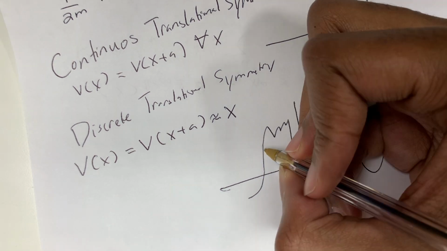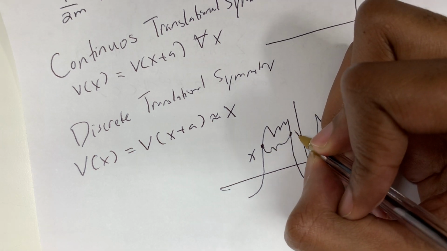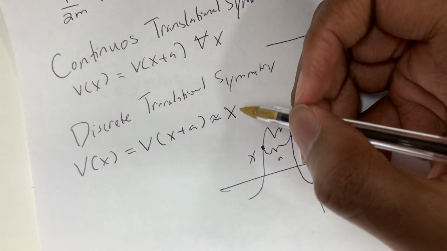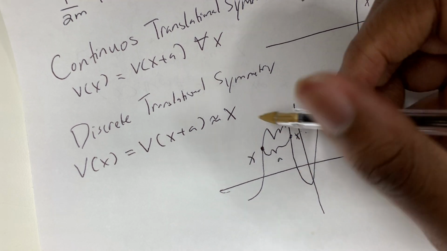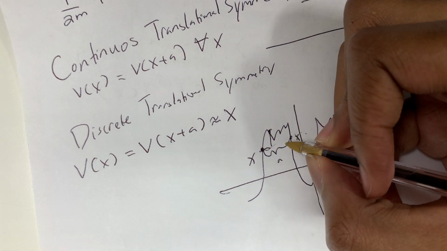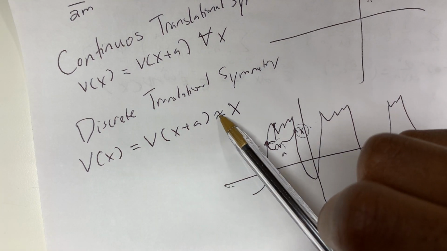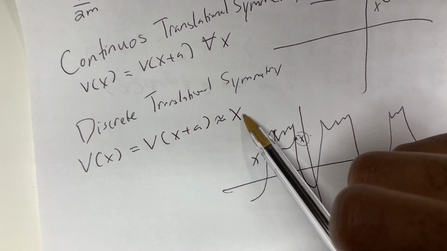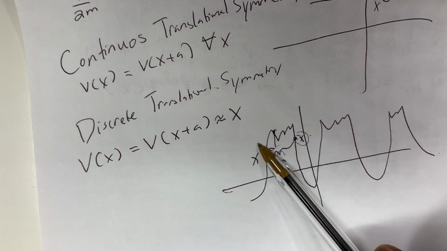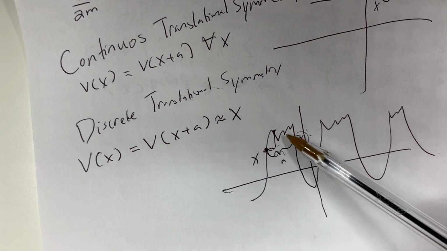For some a, the potential at x plus a is the same, but not for all a. Only for some a is x plus a the same. Like, if I move x over here, well, the potential is different. But if I move it by the period, I have the same thing. If this is true for only some a, then we see there's a discrete translational symmetry. For this translation, the Hamiltonian will be the same, but not for the in-betweens.